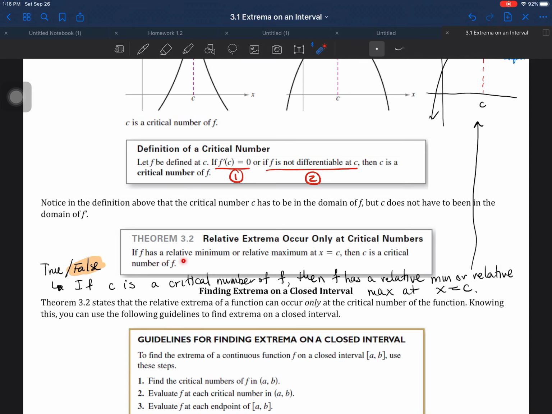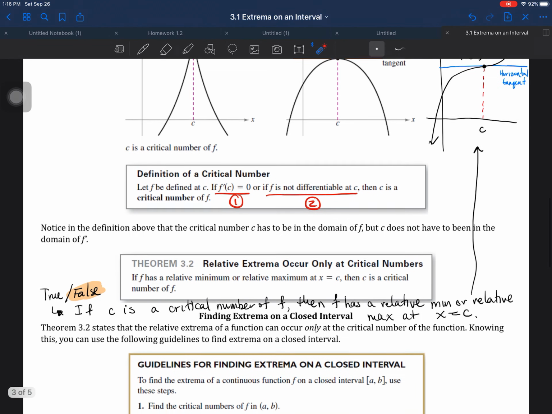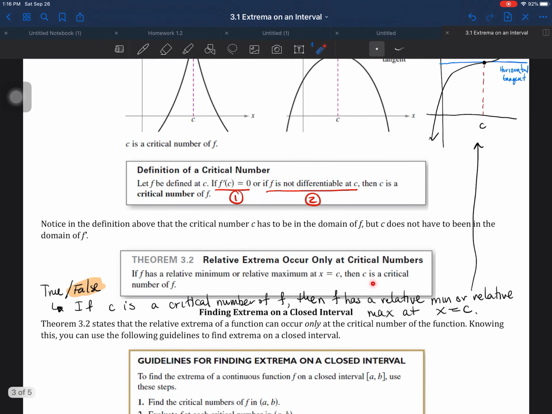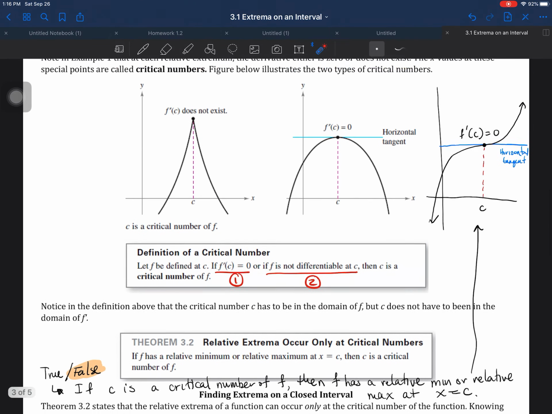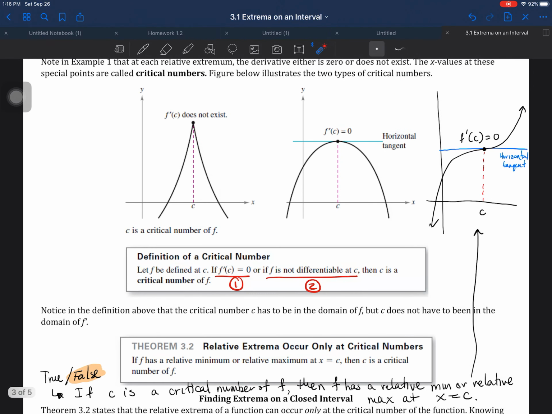If f has a relative minimum or a relative maximum at C, then C is a critical number of f. What we're saying here is that if we know we have a relative max, then either f prime does not exist, or f prime is equal to 0.